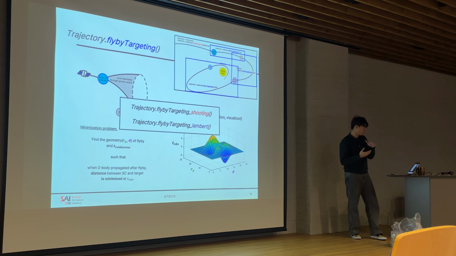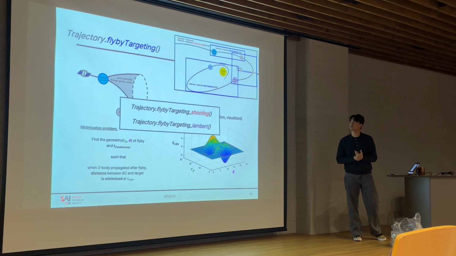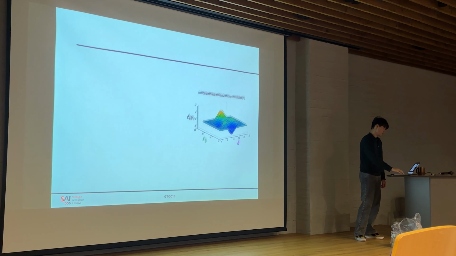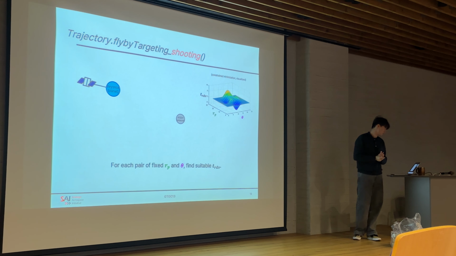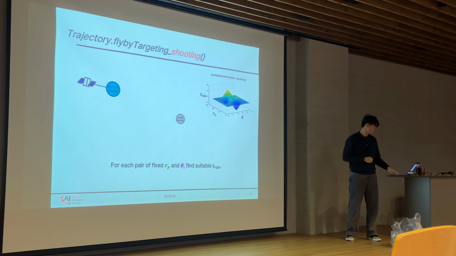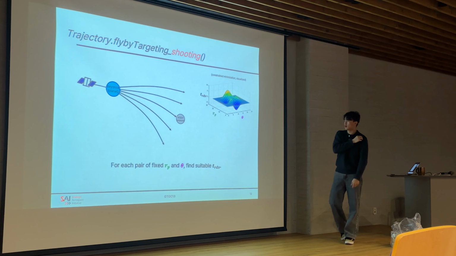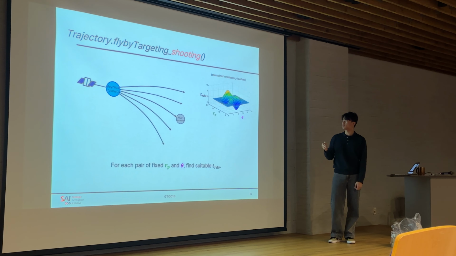And to implement this flyby targeting function, we actually tried two ways of doing that, named shooting and Lambert. To look at a more detailed view of each function, let's first go through the shooting function. For a shooting function, you first fix an RP and theta and find the T rendezvous that is most suitable.